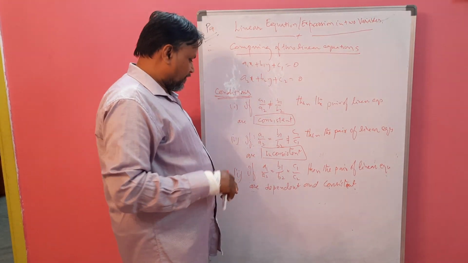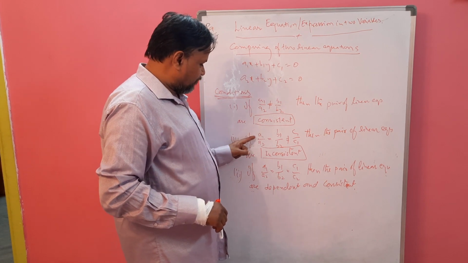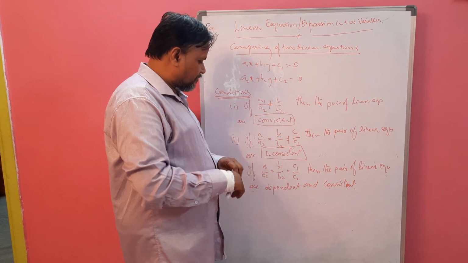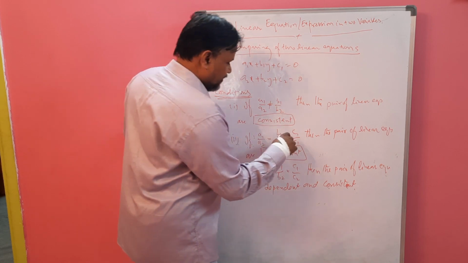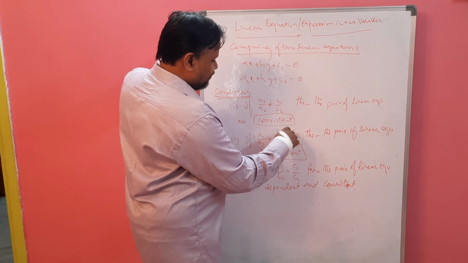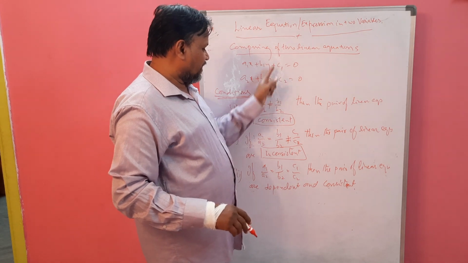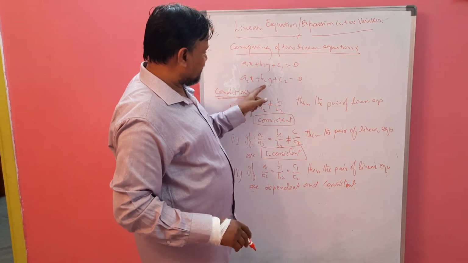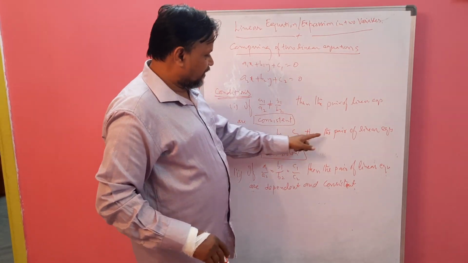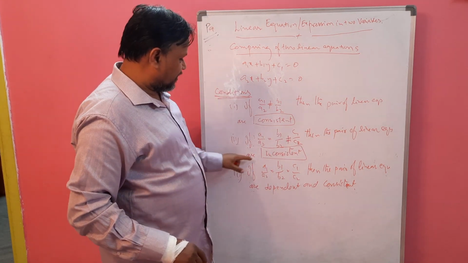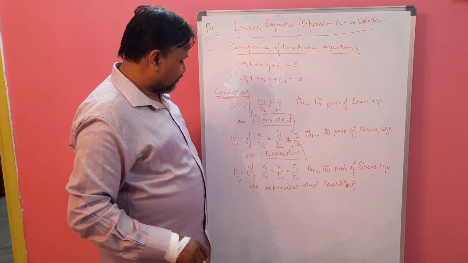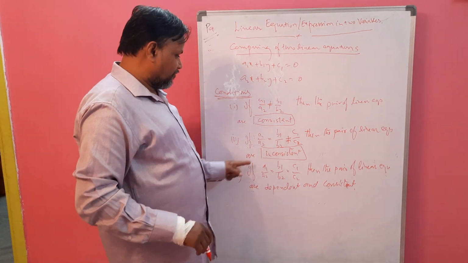Second condition: if a1 by a2 is equal to b1 by b2 but not equal to c1 by c2, the constant terms' ratio, so these two ratios are equal but this one is not, then the pair of linear equations is inconsistent, which means we cannot get a solution.